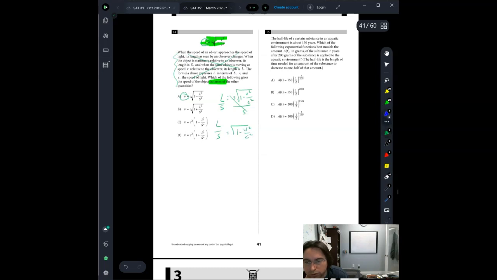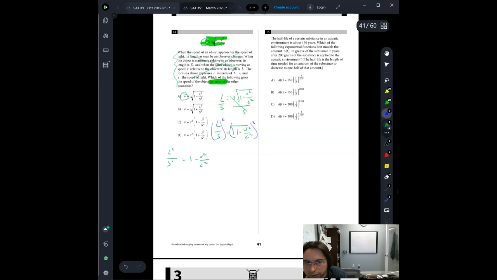We now need to square our root, so we need to square this side. Now I'm left with L squared over S squared equals 1 minus V squared over C squared. We see L squared over S squared in all of these, so there's not much we can do.